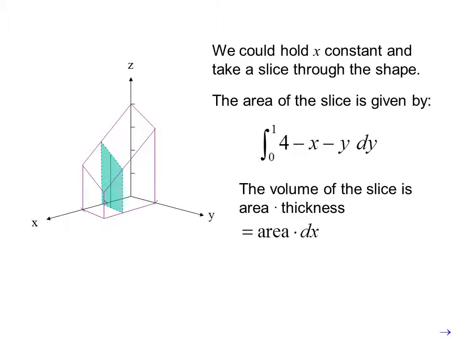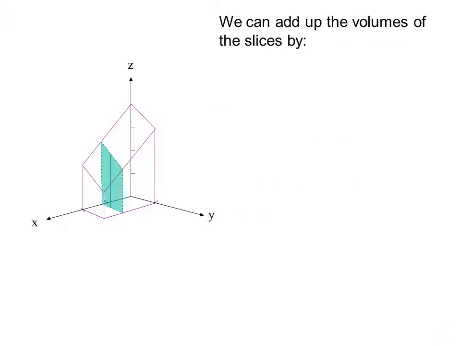The volume of the slice is area times thickness, that is, area times dx. We can add up the volumes of the slices by the integral from 0 to 2 of the integral from 0 to 1 of 4 - x - y dy dx.